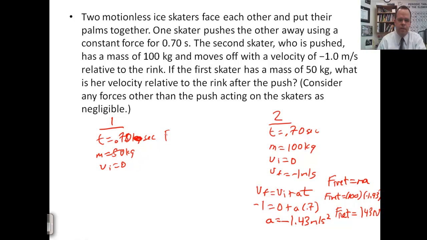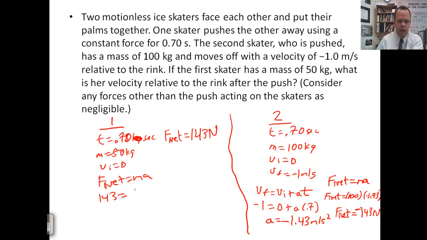We know, therefore, that this person has negative 143 newtons here, so the other person must have a net force of positive 143 newtons by Newton's third law. So we can do F net equals ma: 143 equals 50 times a, which is 2.86 meters per second squared.